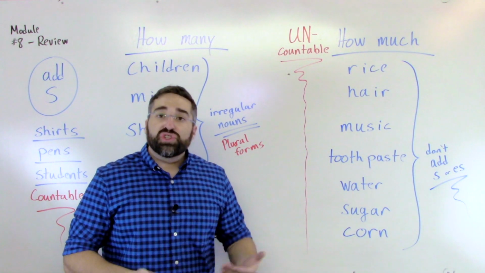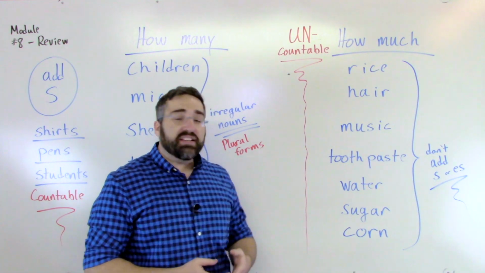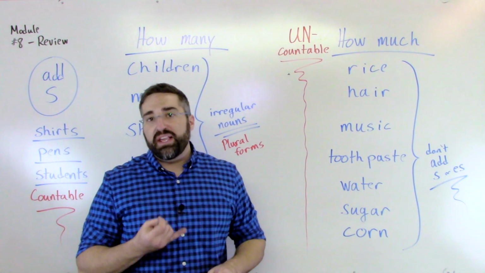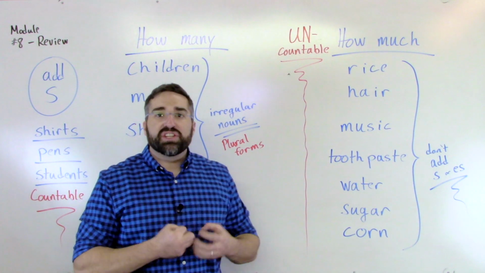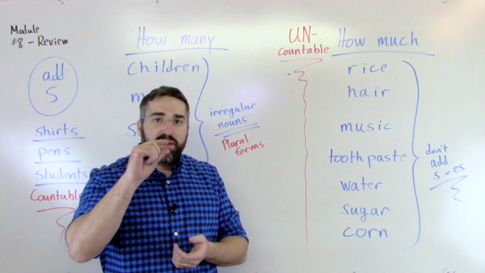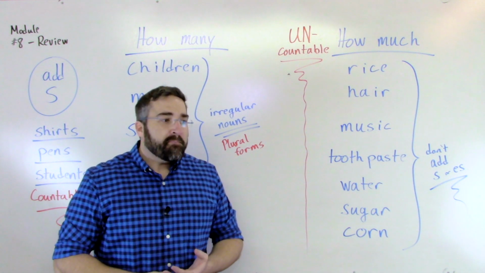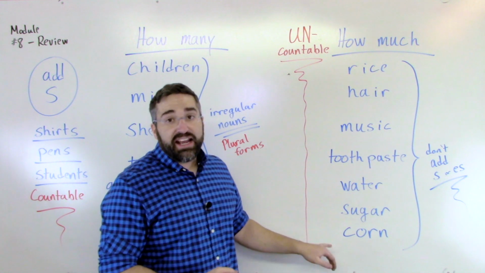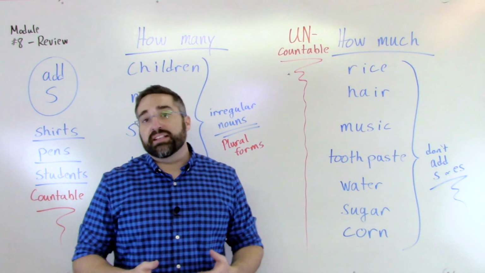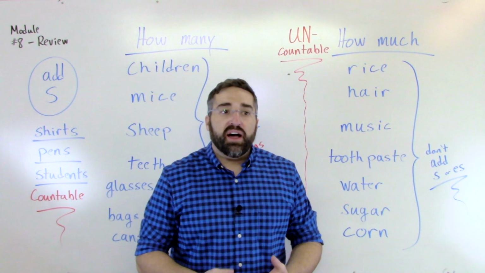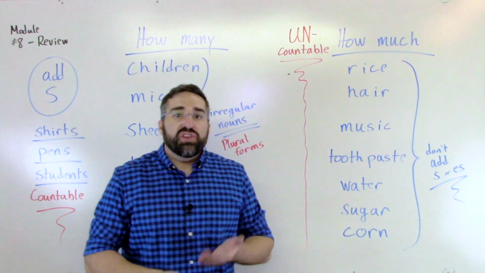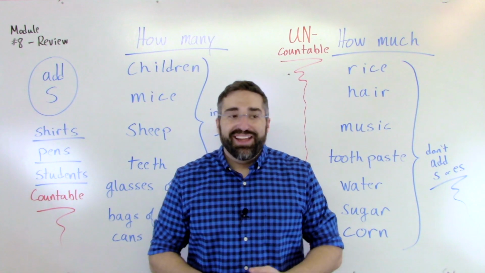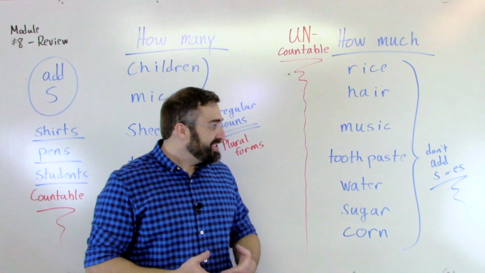You cannot count sugar, and you cannot count things that are small again, like corn and rice or peas, things where there's too many little bitty pieces for it to be done. A common mistake that I hear some people making is adding an S to popcorn. They say things like popcorns. This is also incorrect because you don't want to count your popcorn. You just want to eat your popcorn, especially if you're at the movies.